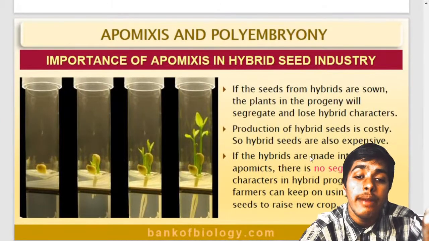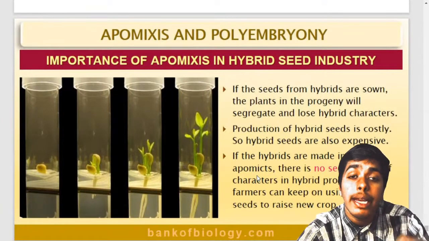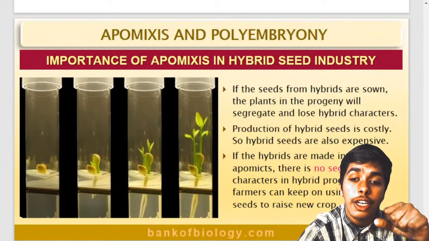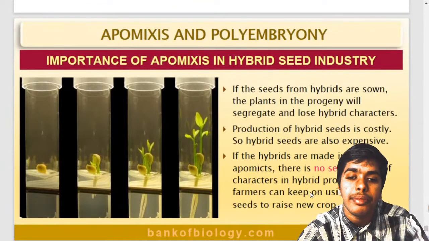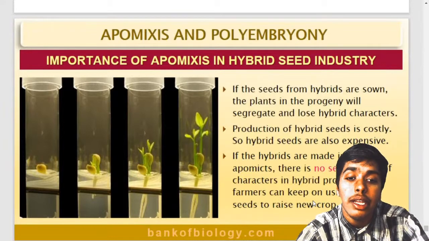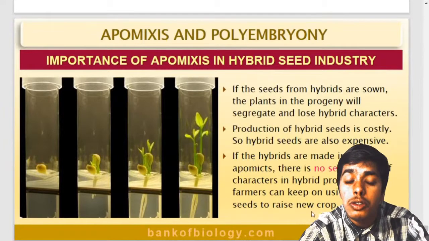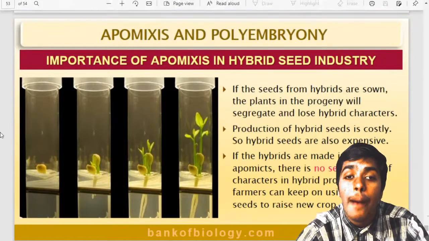If the hybrids are made into apomicts, there is no segregation of characters in the hybrid progeny. So farmers can keep on using hybrid seeds to raise a new crop.